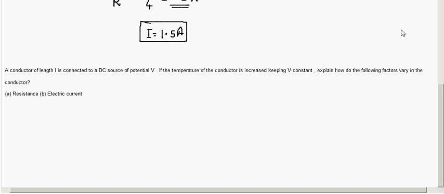Now we know, on heating the conductor, what happens to the resistance.